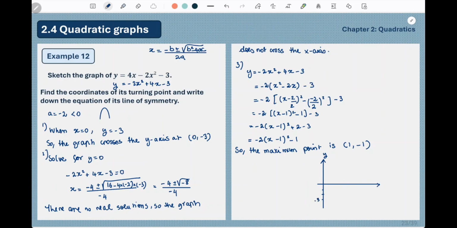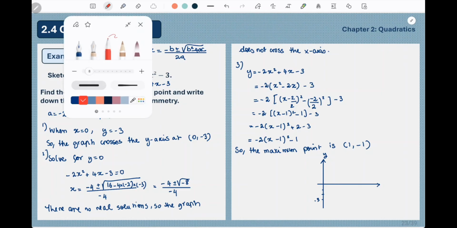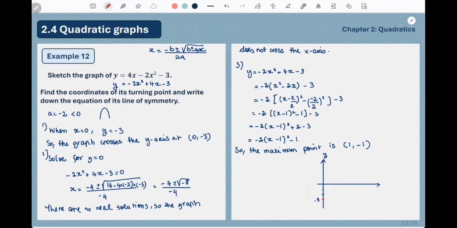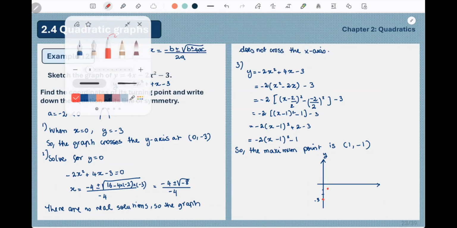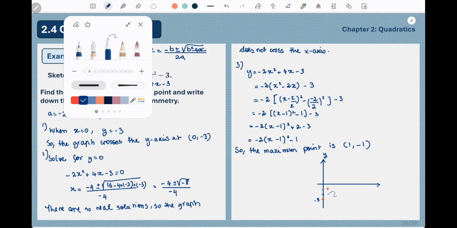Let's say this is minus 3. So this is the point that I'm looking for. However, it wouldn't be crossing the x-axis. That means the maximum, and we know the maximum is 1, minus 1. So it's somewhere here. The graph is actually tiny, but you can see the idea.